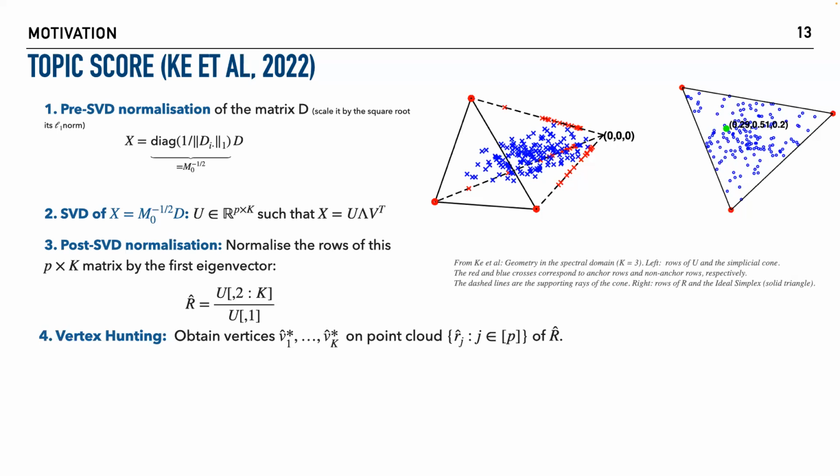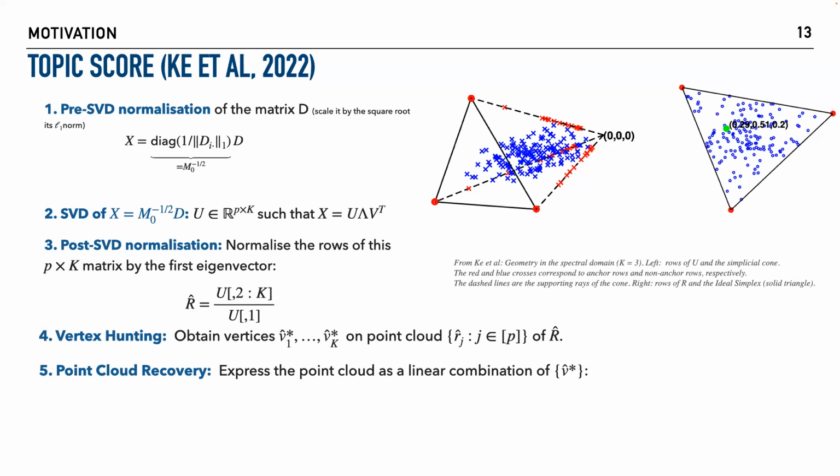You have several candidates for this. It's something that has to do with the point cloud. For instance, you could look for points that maximize the L2 norm, the Euclidean norm, to select a bunch of vertices. Once you recover these vertices, you try to express the point cloud as a linear combination of these vertices.